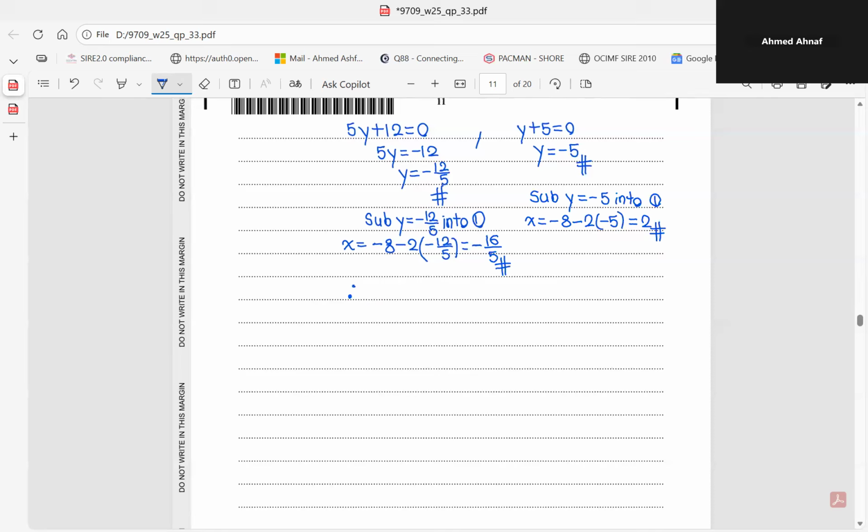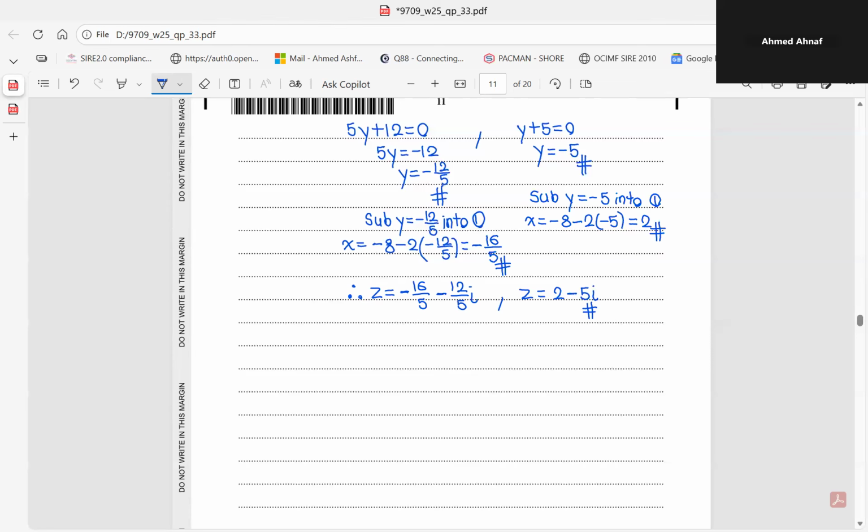Now we can write down our complex numbers. So z is x plus iy. The first one, we have minus 16 over 5 minus 12 over 5 i. And the second one would be x is 2, y is minus 5, so 2 minus 5i.